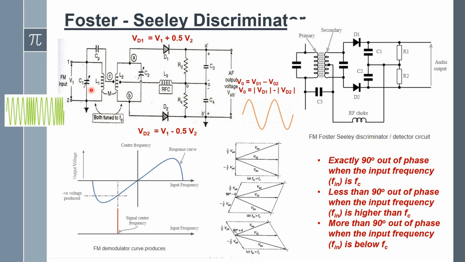Only two tuned circuits are available, and both are tuned to fc. There is no fc plus delta f or fc minus delta f. The primary and secondary are both tuned to fc. This is the main difference. Another one is that the primary side is directly connected to the secondary through the coupling capacitor CP. This is another modification we made to improve the linearity.